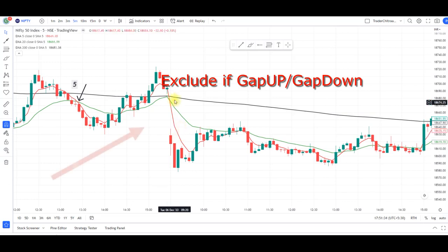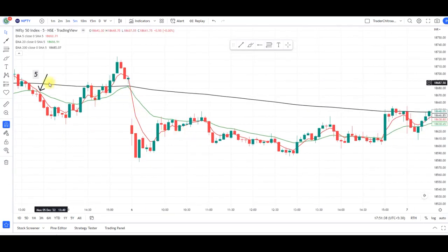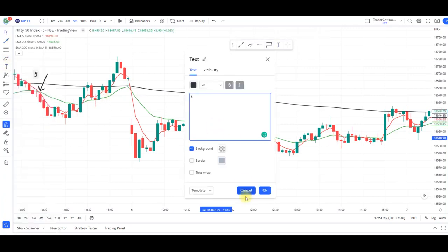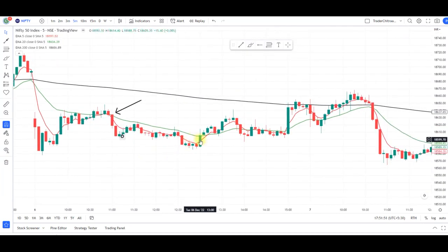Coming to the next trade, as this is a gap down, we will not enter into this trade. So here we got another trade. This is the 6th one. Here we got a long entry. So this is the 7th trade.